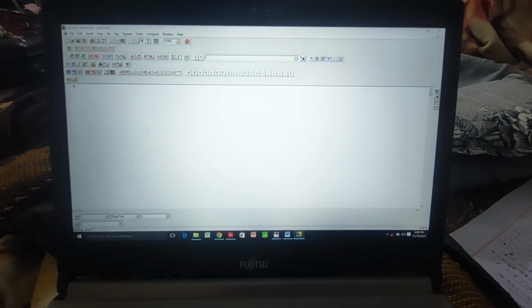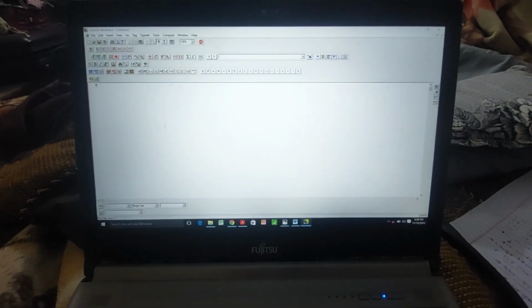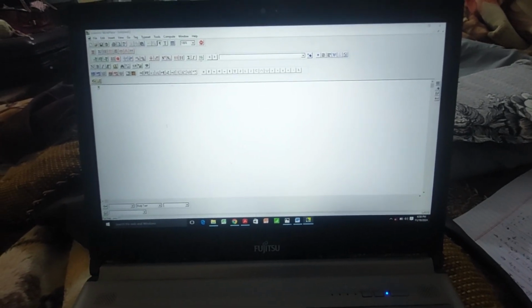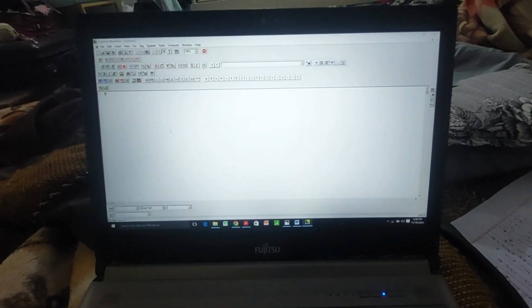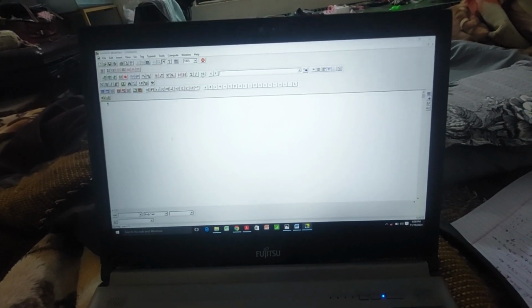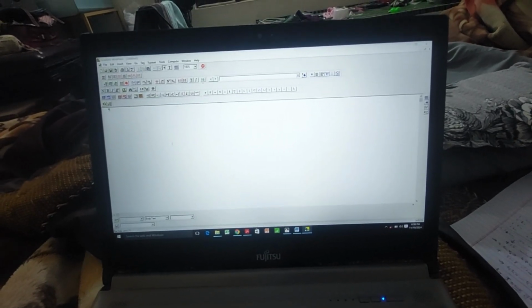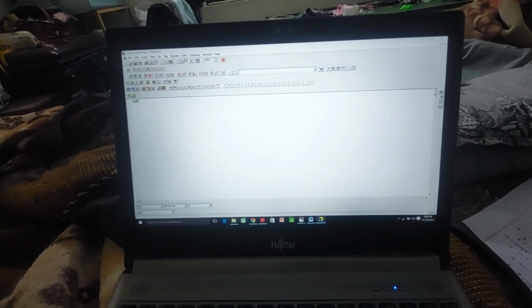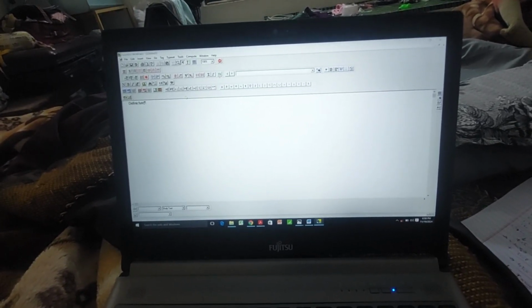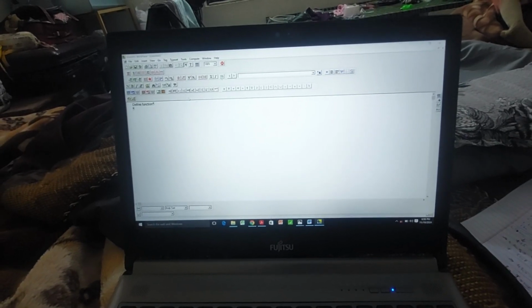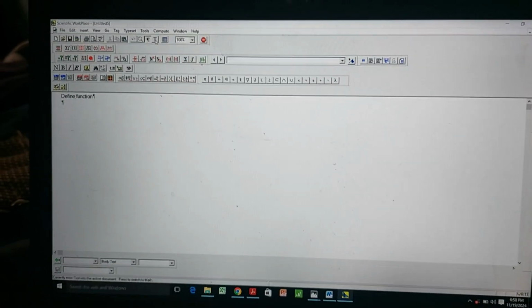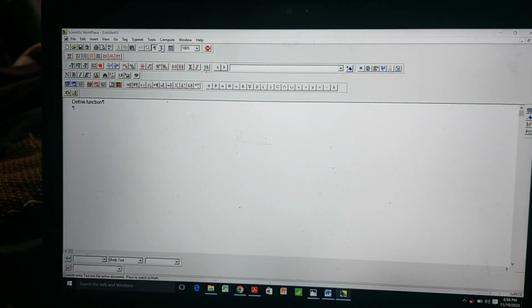Now we have the blank screen for putting the function. First of all we will introduce the function: optimize z is equal to 6x1 square plus 5x2 square. We have two variables over here, so let's define the function. For that we go to the menu and select m over here.